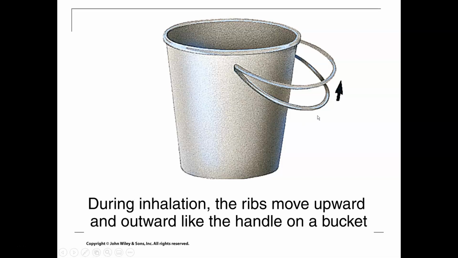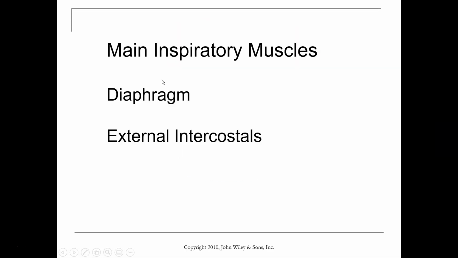Also, there's another pair of muscles that are important. They're between your ribs, called the external intercostals, and they also contract during inhalation, when you want to inhale. In this case, they make your ribs move up and out, sort of like the handles on a bucket. So these are the two main inspiratory muscles, your diaphragm and your external intercostals.